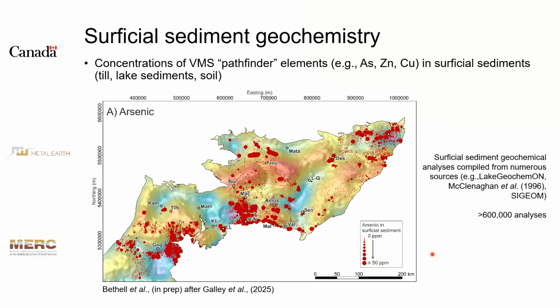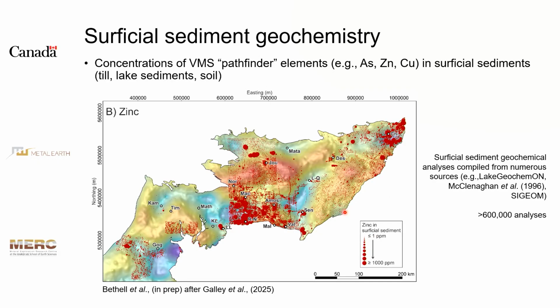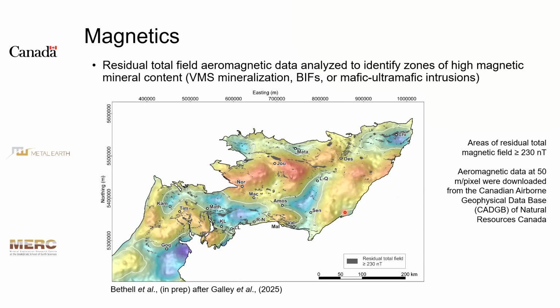This database has more than 600,000 samples, so I think this is a very powerful tool for looking at the regional scale. We see very high arsenic concentrations within the MOHO anomalies, and not as much in the middle of the belt. Zinc, copper, and I'll just skip to some of the final things.